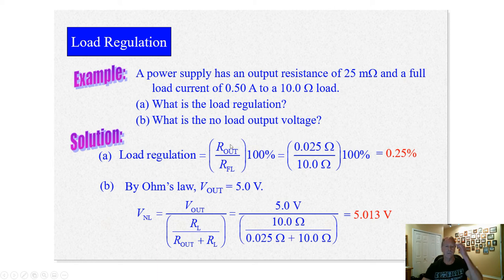The load regulation is R out over the full load resistance times 100%, so 25 milliohms divided by 10 ohms times 100 is 0.25%. That's not very good, but it's okay. And what is your no load voltage? It's going to come up a little bit because you divide by this expression, so it's 5.013 volts. Not 5 volts, but a little higher, because it's not loaded.